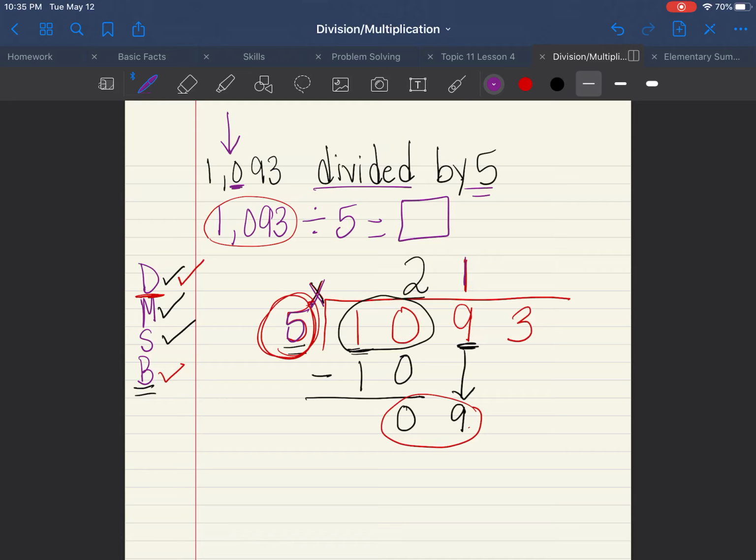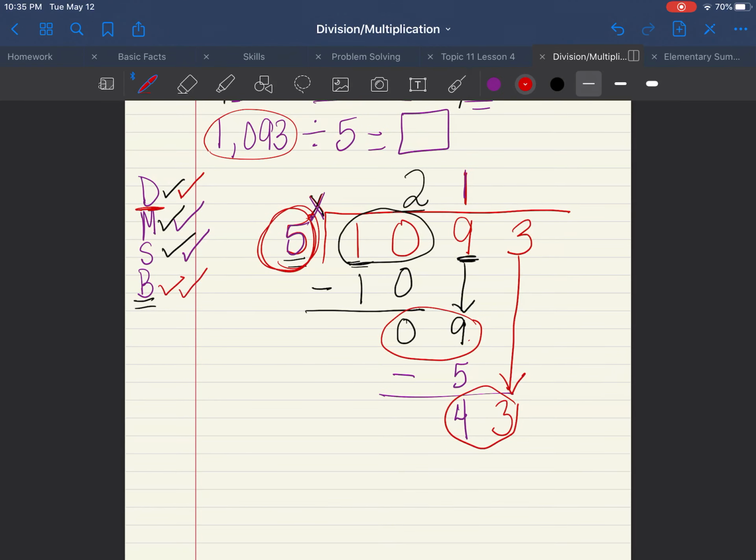Actually, only 1 time. Right? 5 times 1 is 5. So we're going to put a check mark for division, and now we're going to multiply. 5 times 1 equals 5. Write it down. Subtract. 9 minus 5 equals 4. Bring down. I'm going to bring down the last digit, which is going to be the 3.